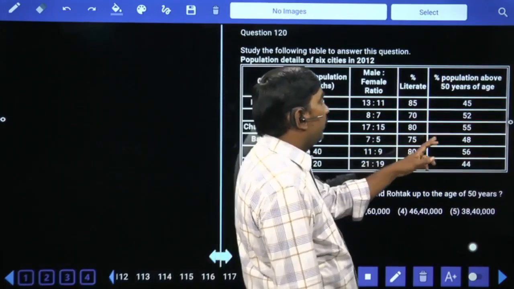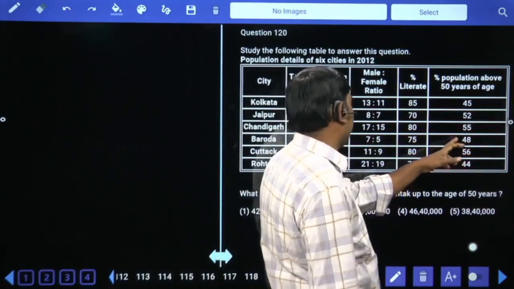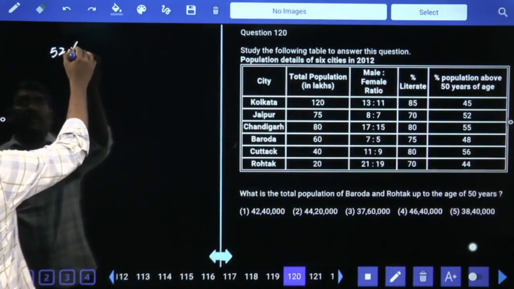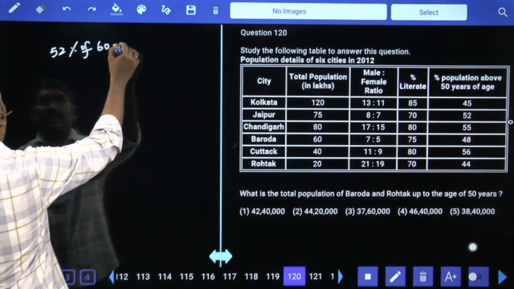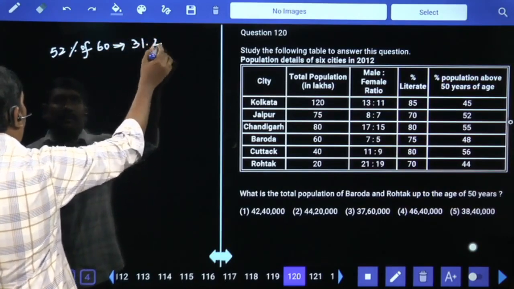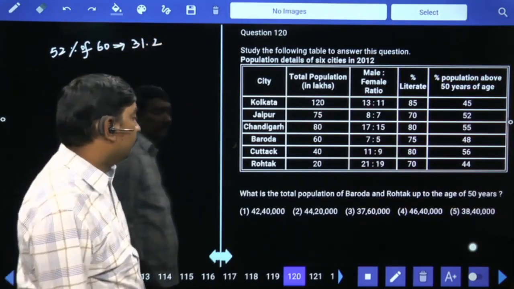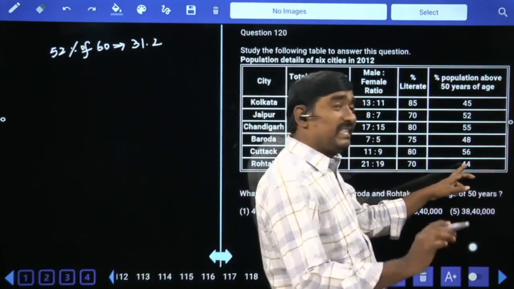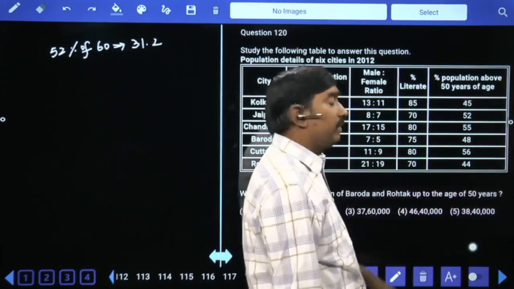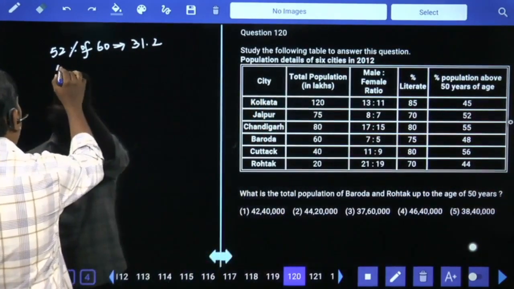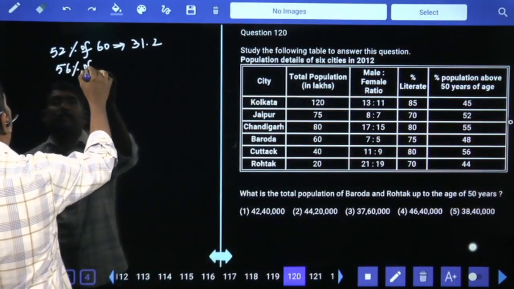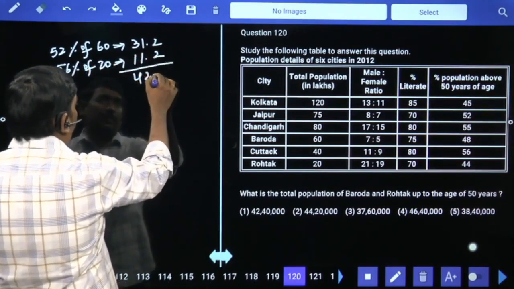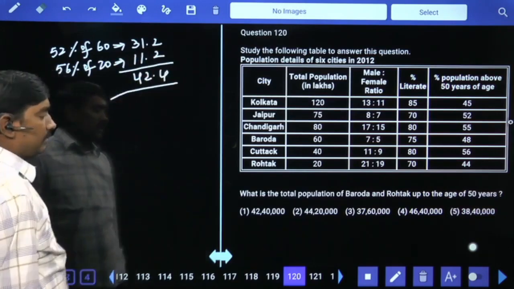In Baroda, above 50 is 48%, so up to 50 means 52% of 60, which is 31.2. In Rohtak, 44% is above 50, so up to 50 means 56% of 20, 11.2. Total 42.4. First option.